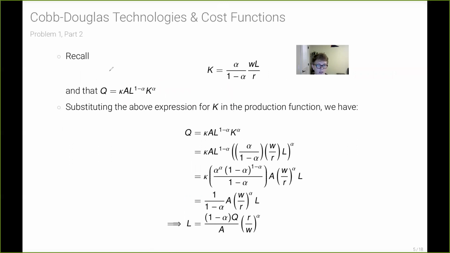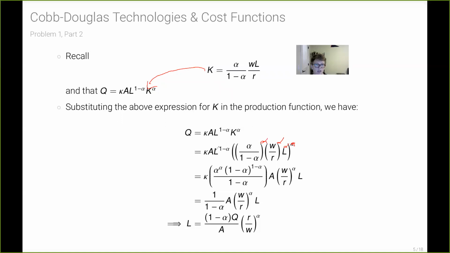So again, I'm going to start by plugging in K here. The first line of this is just this. In the second line, I've plugged in my expression for K. So this gives me kappa times A times L to the 1 minus alpha times this expression for K, all raised to the alpha. So that's alpha over 1 minus alpha times W over R times L, to the alpha. What I can do is take this exponent out here, multiply it in here, and then make a few simplifications.